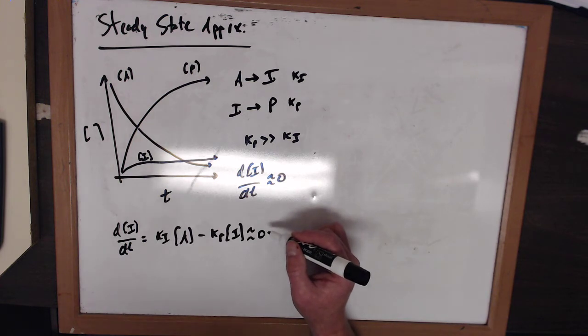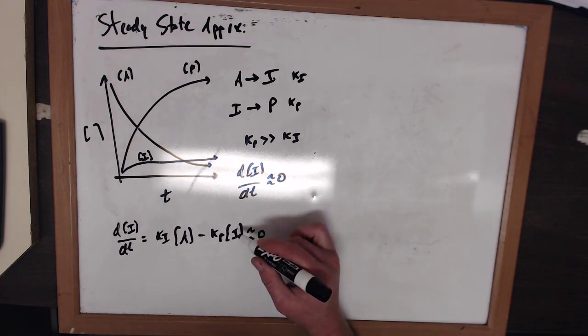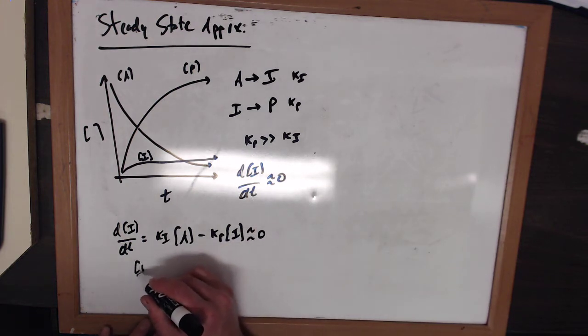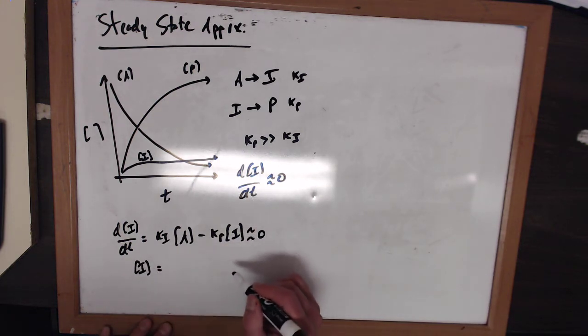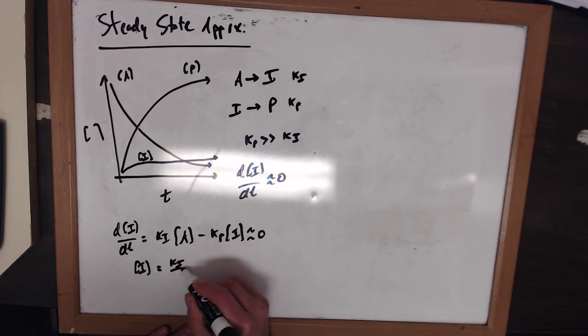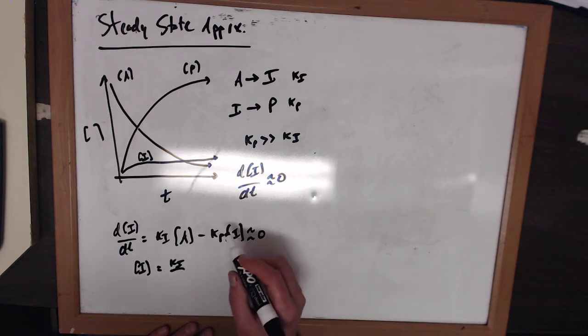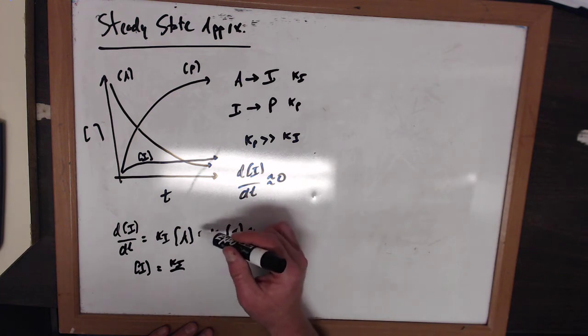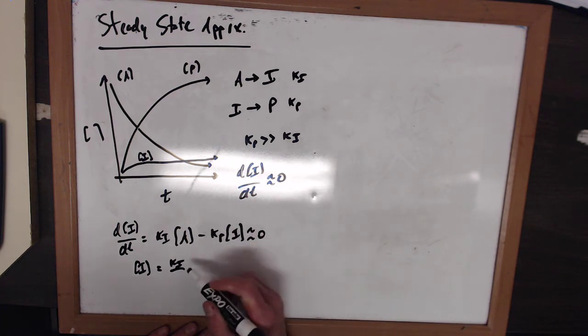And then solving for I becomes rather straightforward. I can just say now that the concentration of I equals, and I'm going to do a few of the algebraic steps. So I'm going to add this expression over, and then I'm going to divide out by Kp.